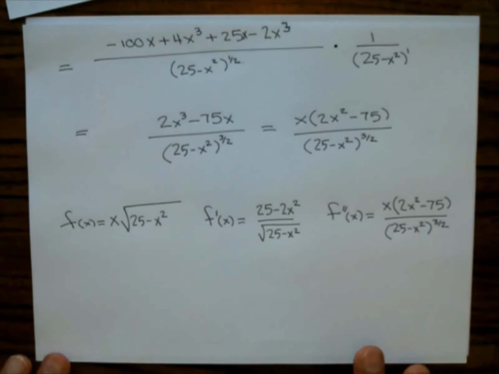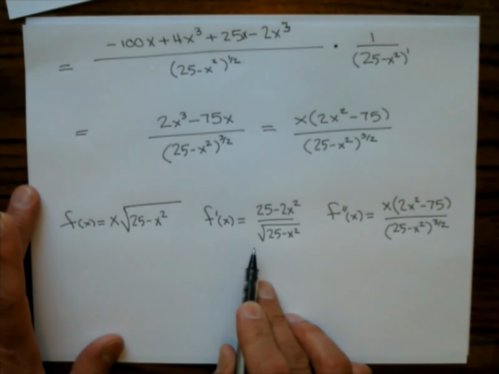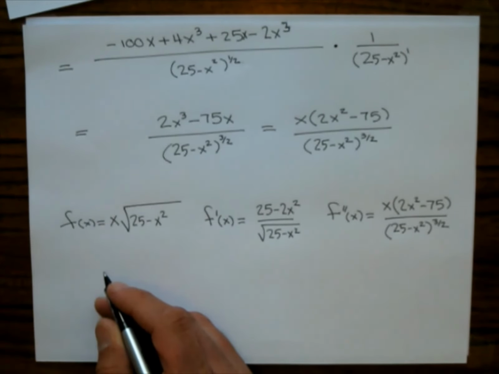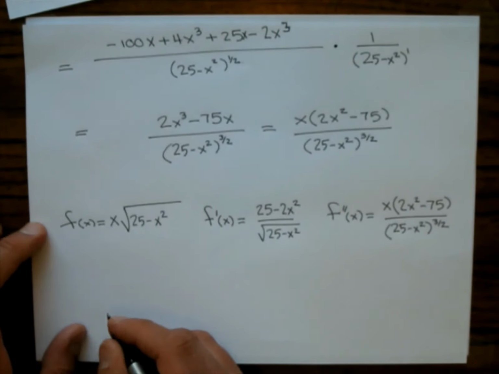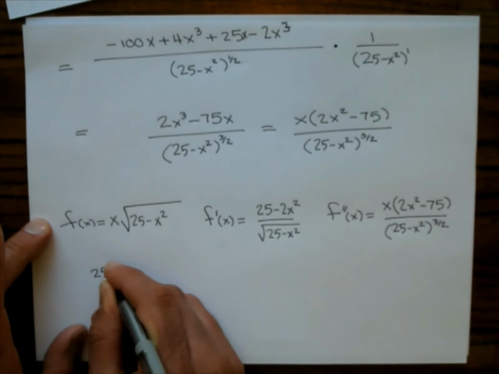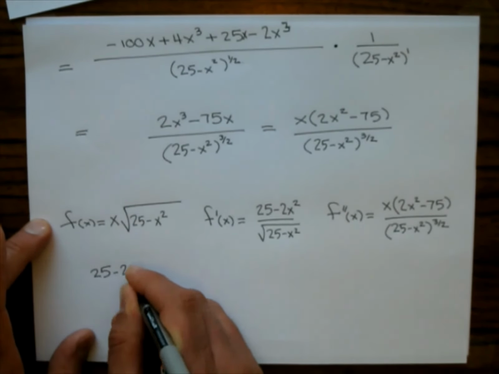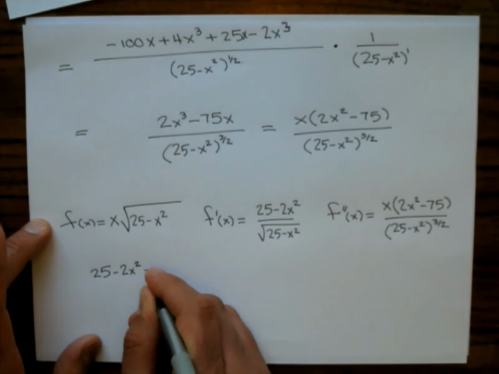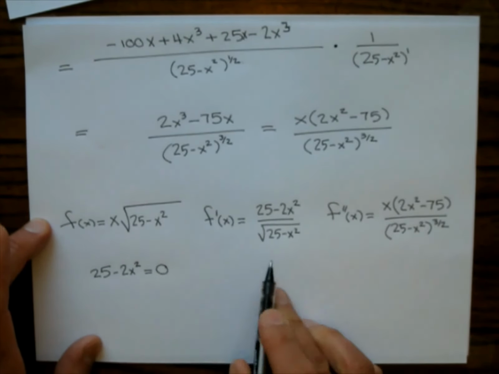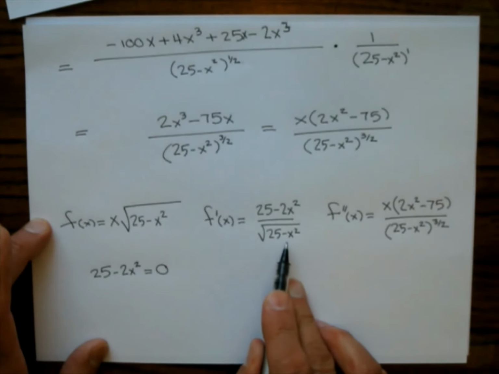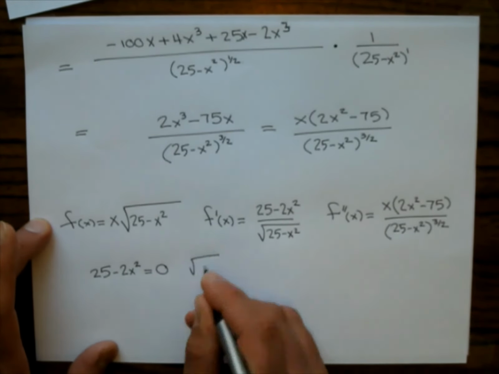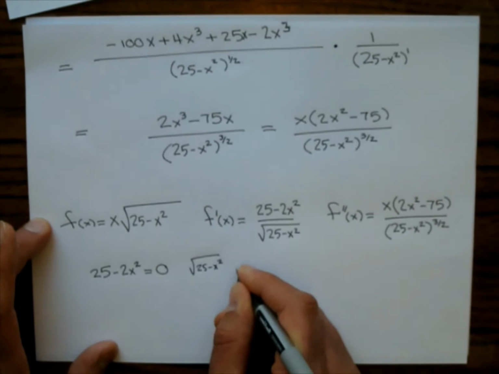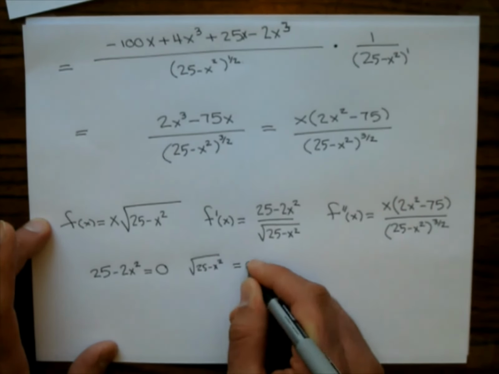To check for critical numbers, I'm going to look at the first derivative. I'm going to set the top equal to 0. And so when I set the top equal to 0, I end up getting 25 minus 2x squared equals 0. I'm going to set the bottom equal to 0, and when I set the bottom equal to 0, 25 minus x squared equals 0.